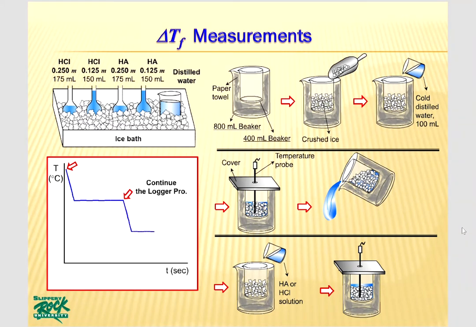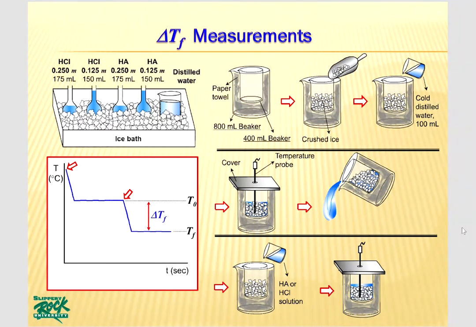The temperature at the first plateau region in the cooling curve corresponds to the freezing point of water, T0. The temperature at the second plateau region is the freezing point of solution, TF. The freezing point depression is represented by delta TF.